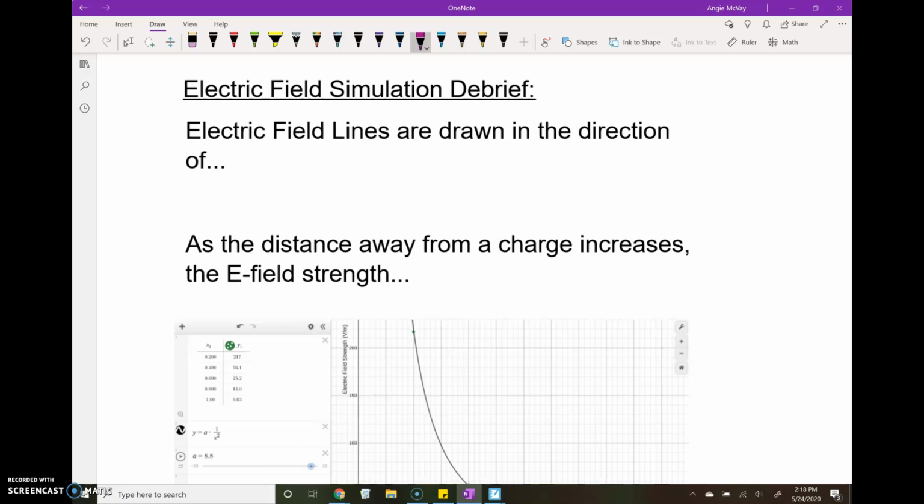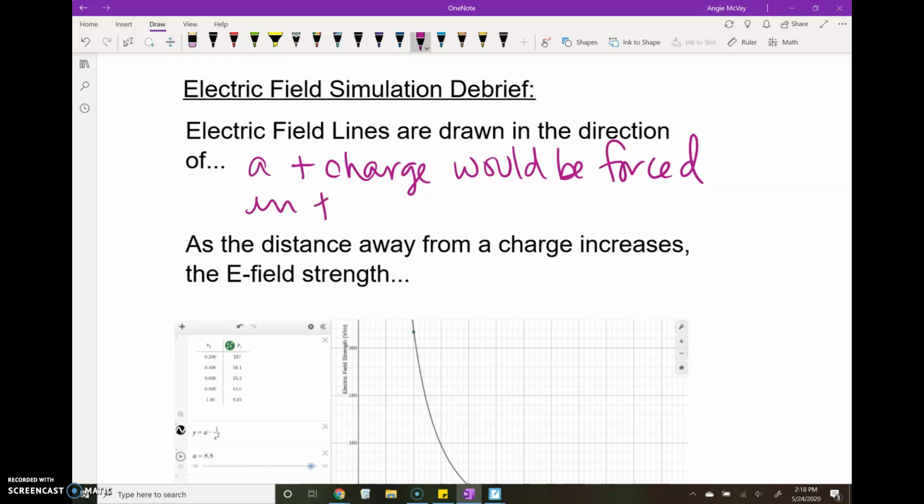What you should have noticed is that the electric field lines are drawn in the direction that a positive charge would be forced in that region.